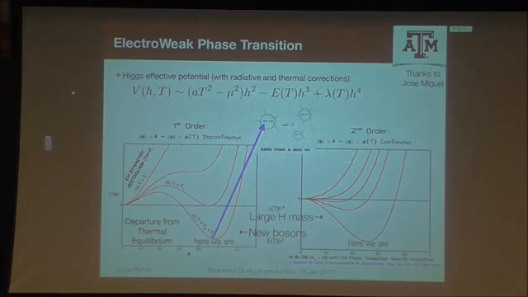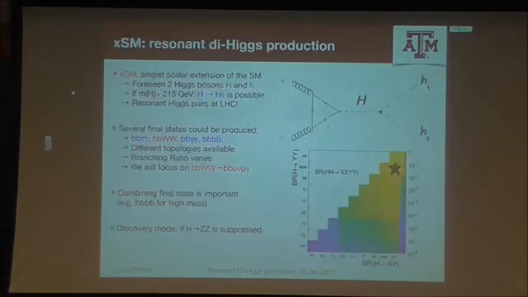And this gives us these bubbles, this region where the symmetry is broken inside and outside is not, and then the interaction between the sphalerons and the bubble itself is what created this asymmetry between matter and antimatter. So this is just the introduction about the model.